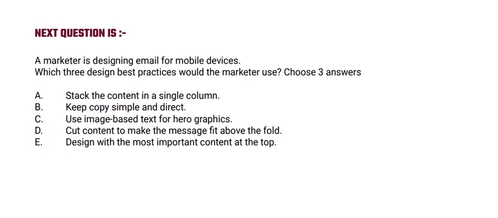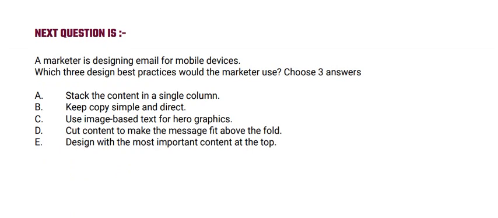Next question is: a marketer is designing email for mobile devices. Which three design best practices would the marketer use? Choose three options. Options are option A, stack the content in a single column.